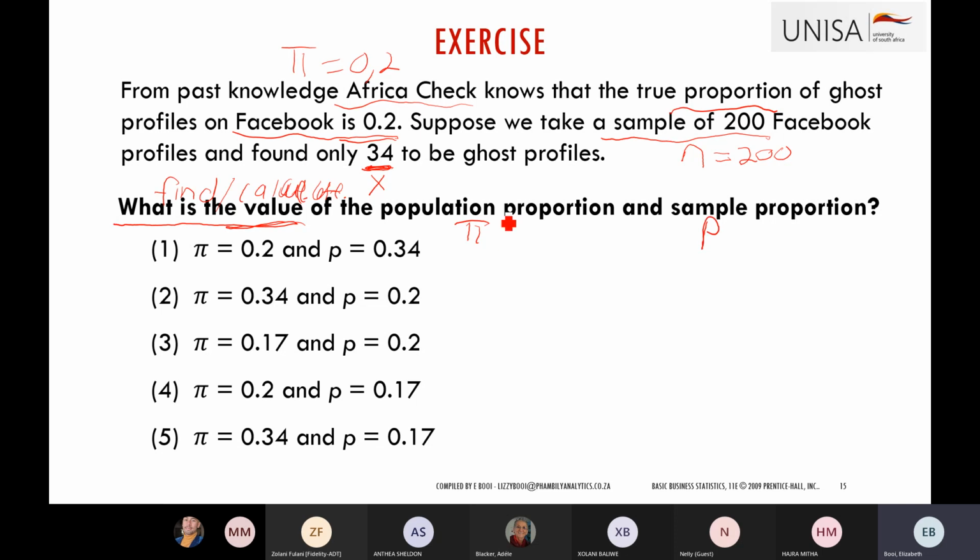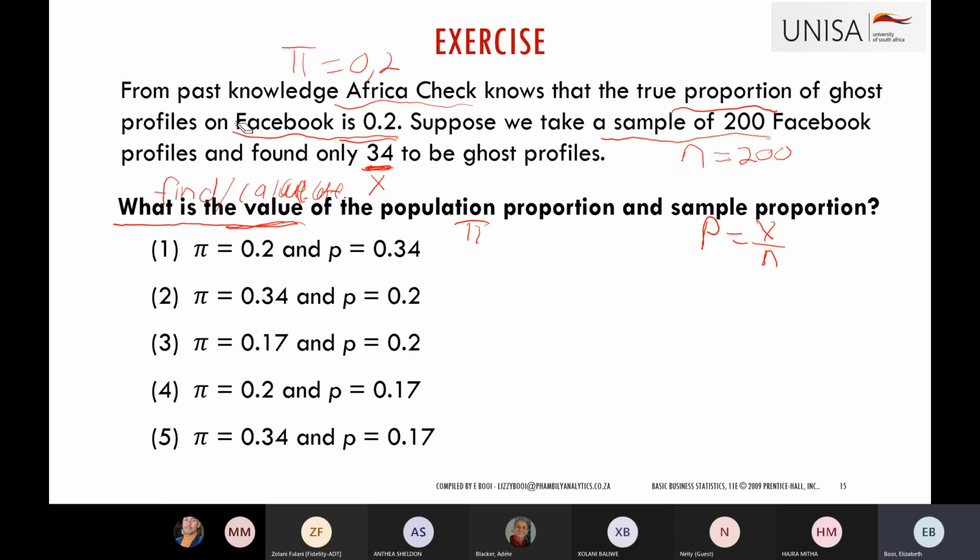With the sample proportion, from what I've gathered, I can calculate it by using a formula: p equals x divided by n. Okay, now I have everything I need. Let me go find the values.